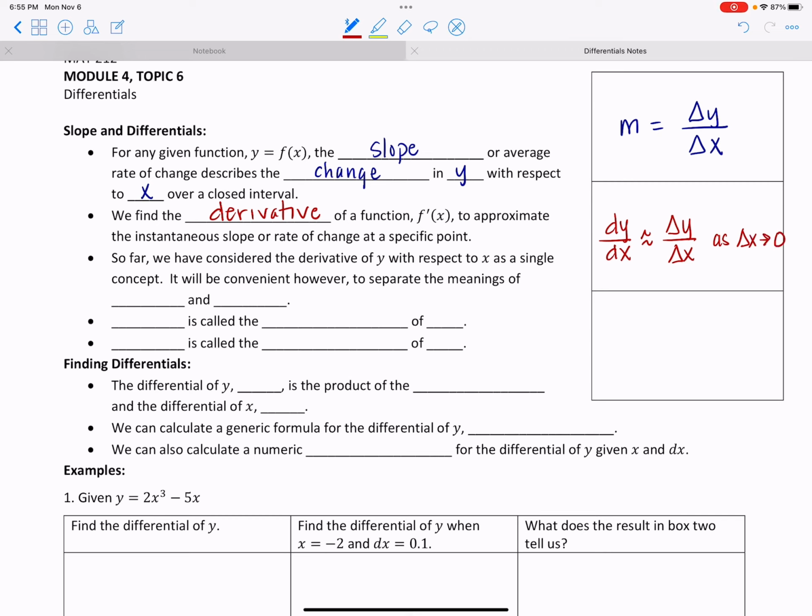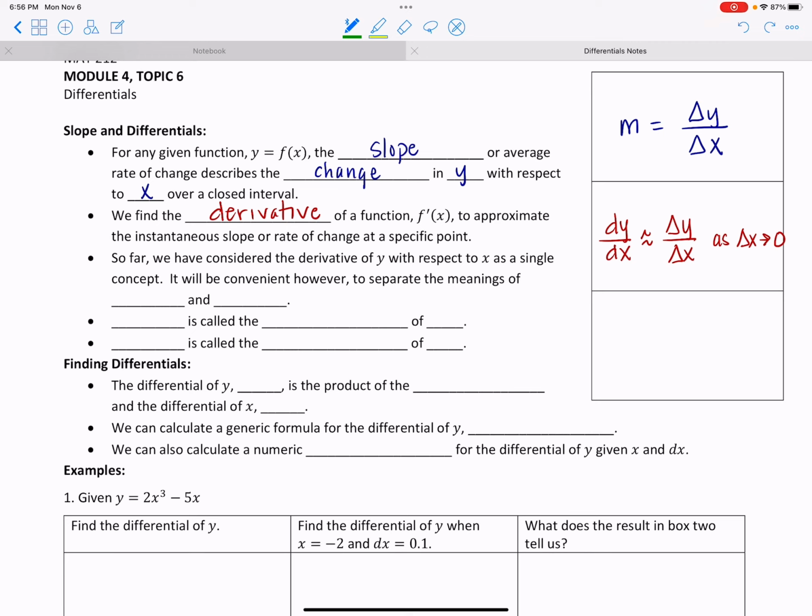So as the distance between the x values in our closed interval becomes infinitely small and approaches 0, then we are approximating the instantaneous rate of change at that single point that the interval converges to.